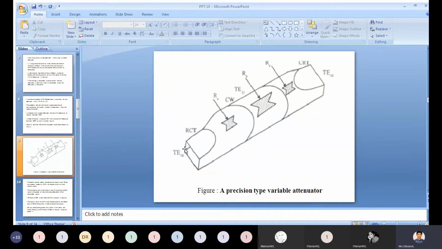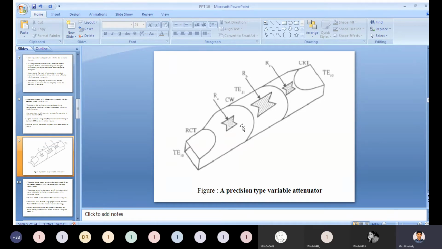If the resistive chord in the center section is kept at an angle theta relating to the electric field direction of the TE11 mode, then the component E cos theta, parallel to the chord RB, gets absorbed, while the component E sin theta is transmitted without attenuation.